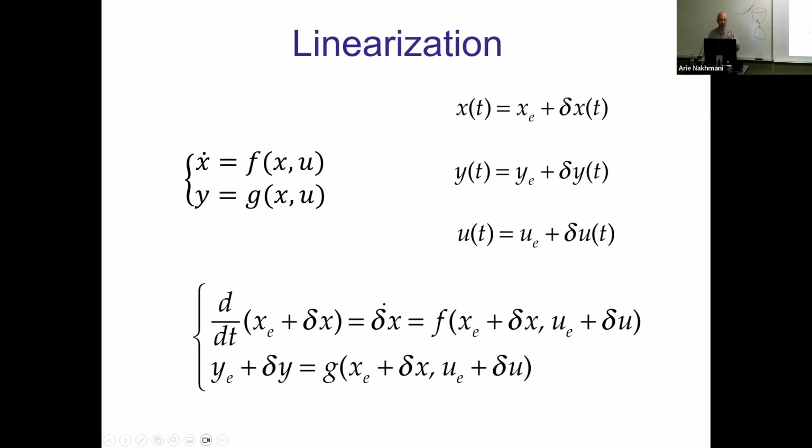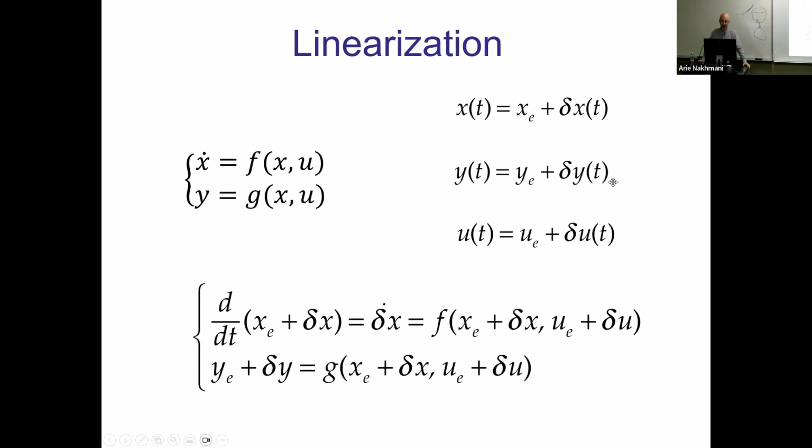It's a particular state, which is the equilibrium state from which it would not move at any time. So xe is not a function of time, but x in general is a function of time. So that expression means a small change from the equilibrium point in terms of state. So this is a trajectory close enough to that zero point, or whatever the equilibrium point is. This is the meaning of that thing.